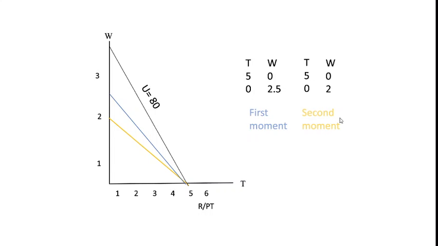In the second moment, on the yellow straight line, W equals 0 when T equals 5. In this case, W equals 2 when T equals 0. And T equals 5, W equals 0 in the first and second moments is the same as rent divided by price of T. Now, in this case, it is right because the first and second moments are under the utility.